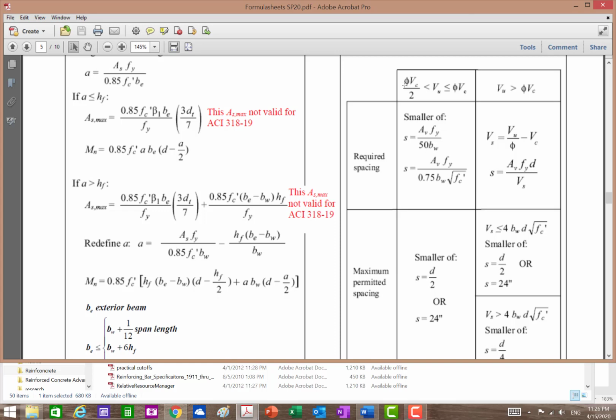Okay, this is how, using these formulas here, is how I check that I have satisfied the minimum amount of stirrups. So instead of finding the area of AV minimum, which you could, I'm going to find the spacing that AV minimum needs.